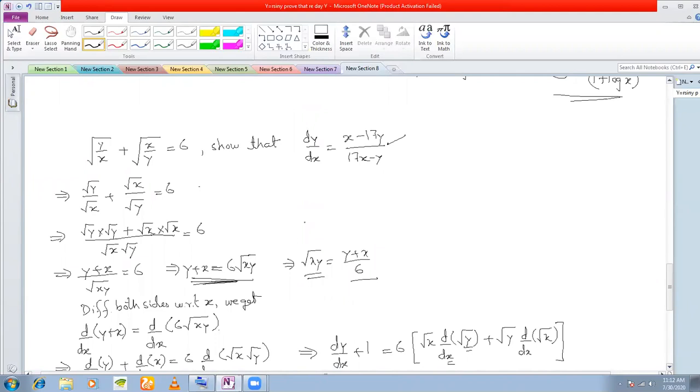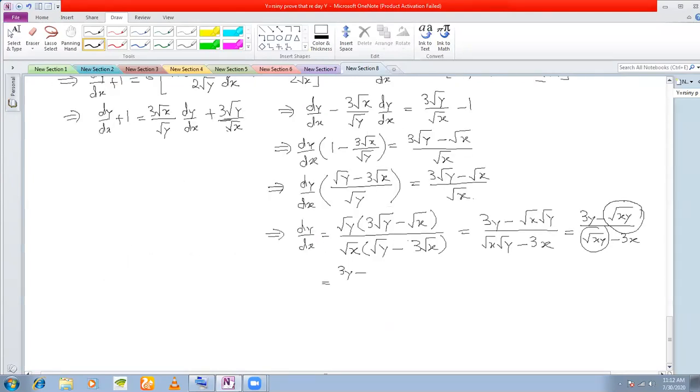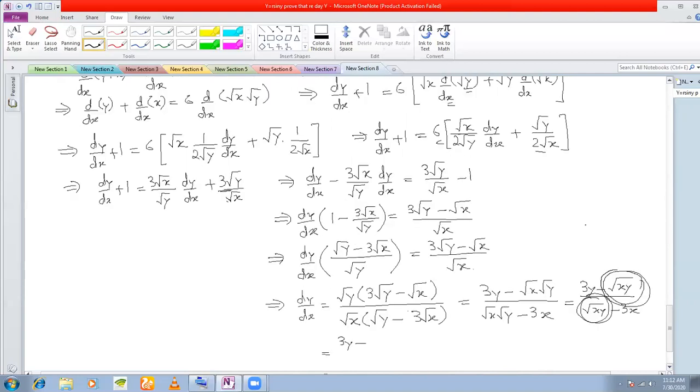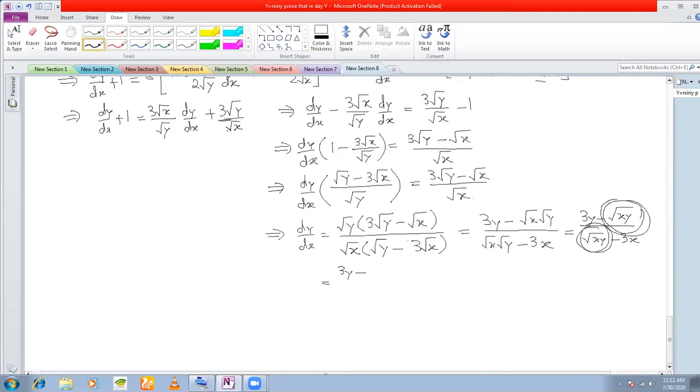There is no root here. That means we will have to remove this radical, this root xy, from here. And how do we remove this root xy? By finding out the value of root xy from the given function. What is root xy? It is y plus x by 6. So I have put it. Now you understood.